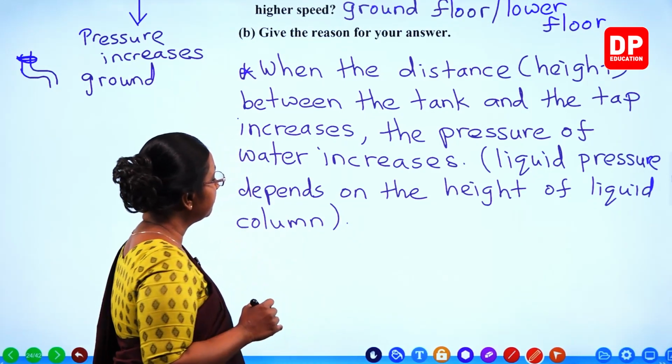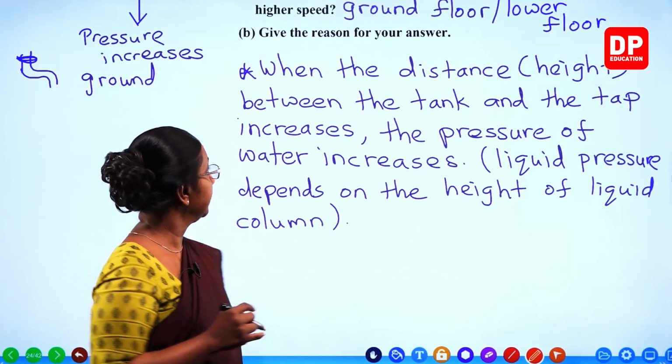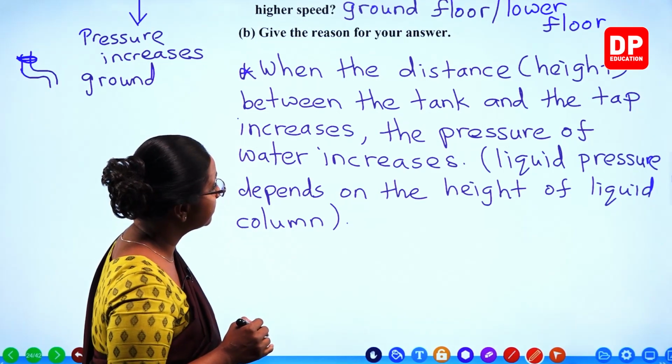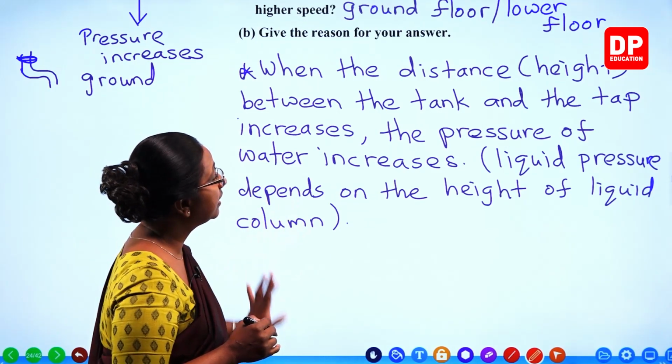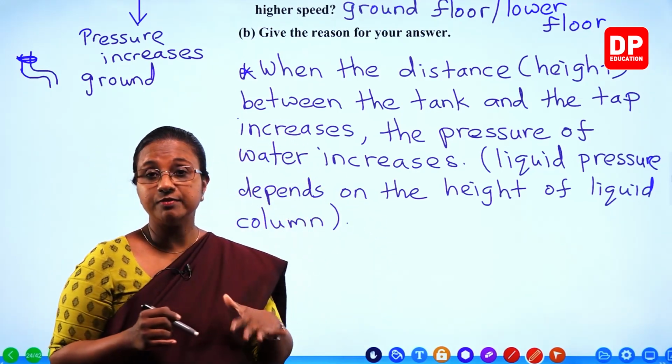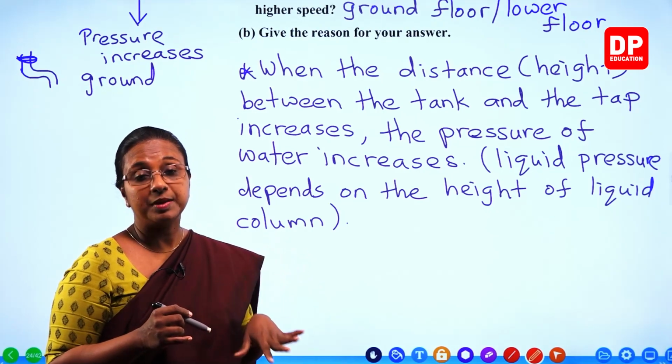So that is one way you can explain this. When the distance or height between the tank and the tap increases, the pressure of water increases. So because of that, at the ground floor tap, the water flows out with a higher pressure.